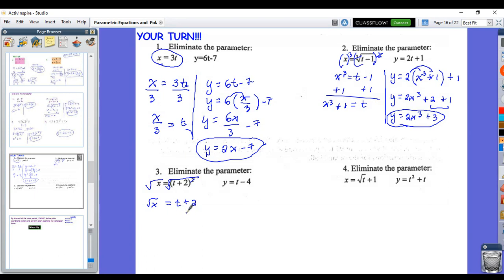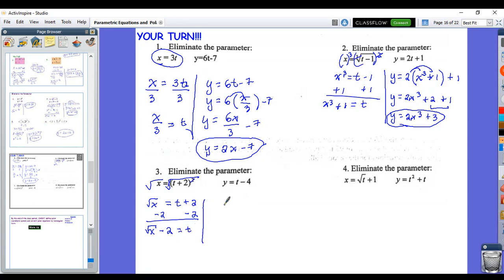And then since I'm solving for t, I will subtract 2 on both sides. So my left side of the equation should be the square root of x minus 2. So keep in mind that the square root, you see that small bar there? That is my indication that the square root only goes up to x and minus 2 is not included. Equals t.